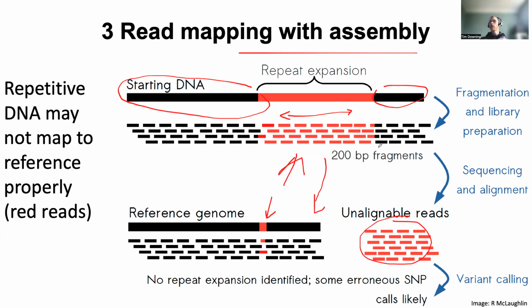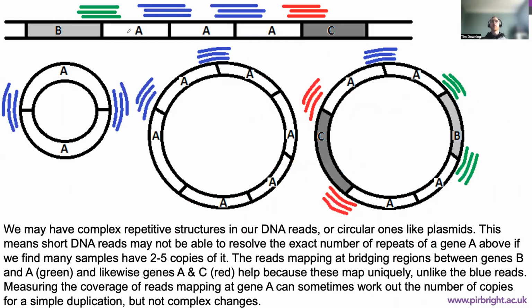And depending on the structure of our reference, we may find that we have something that's different. So you can imagine here in our next examples, if we have this structure BAAAC in either a reference or our sample of interest, how that might affect the reads that we get and also the mapping to that.